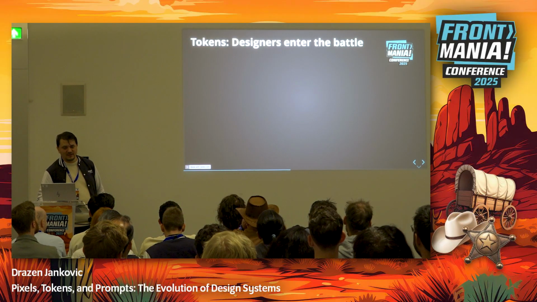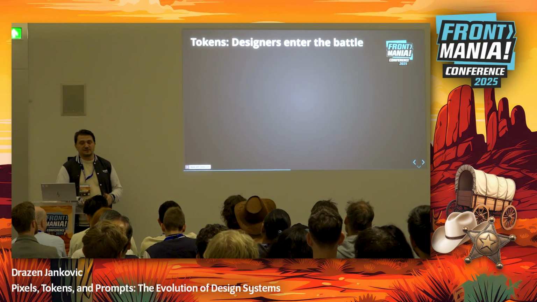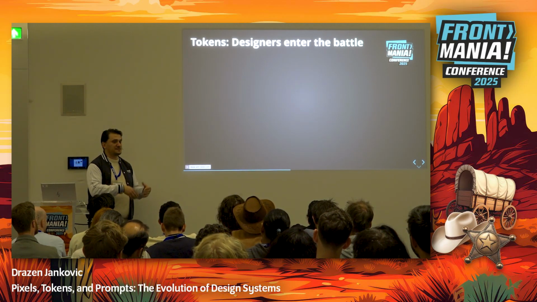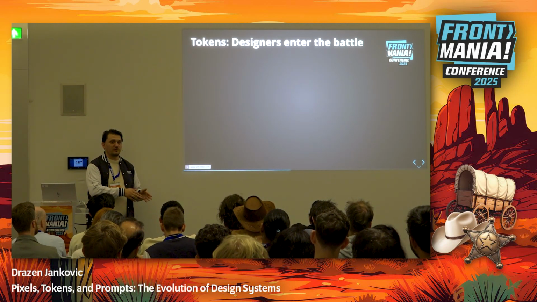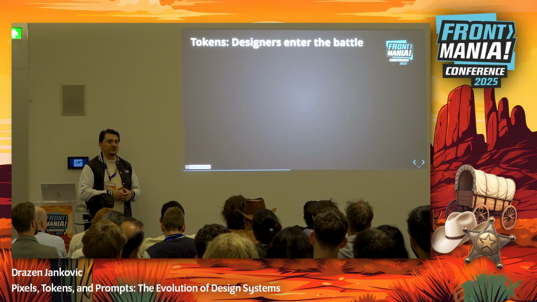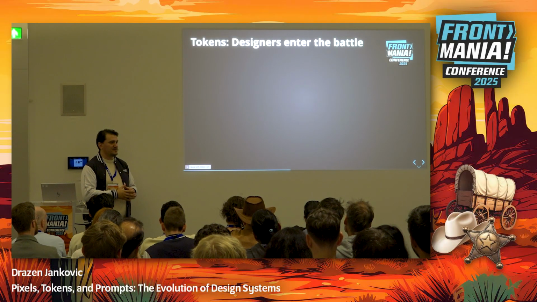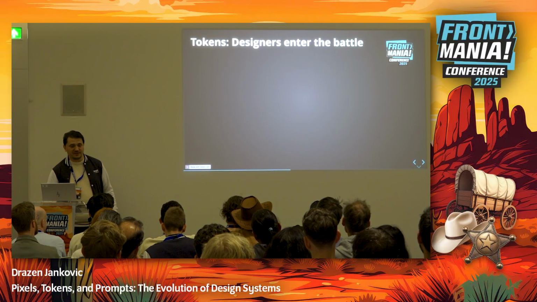There we go. So the big change that happened was tokens started entering. Designers started joining what developers were already doing. Object-oriented programming was introduced through tokens to Figma, which was a very new concept for a lot of designers thinking in such ways, like how do you break things up?